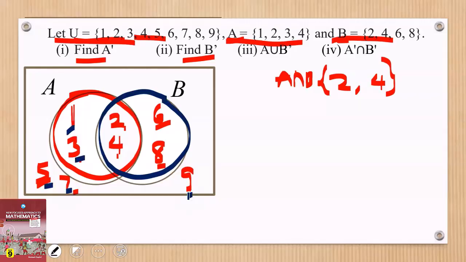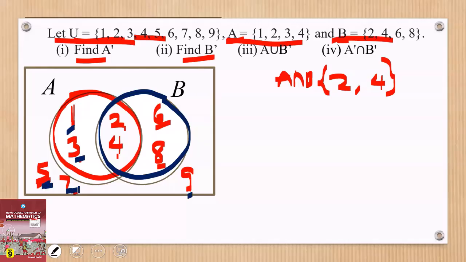Then if you want to find A union B complement, that is the elements that are in A, which is 1, 2, 3, 4, union the elements that are outside B, which is 1, 3, 5, 7, and 9. So we can do this and answer the same question.